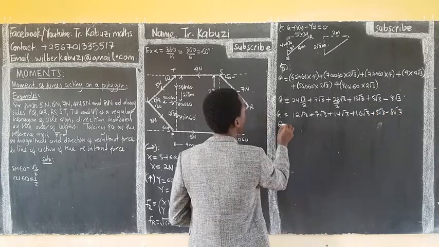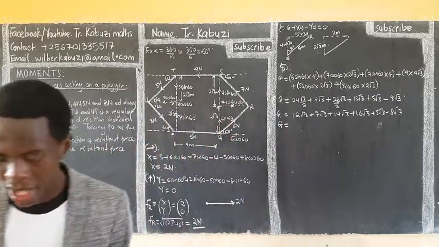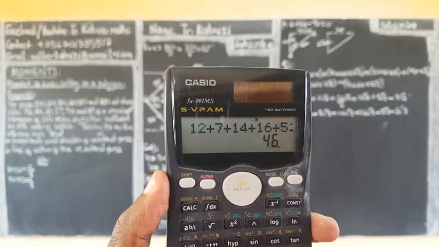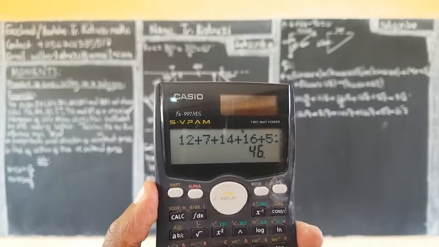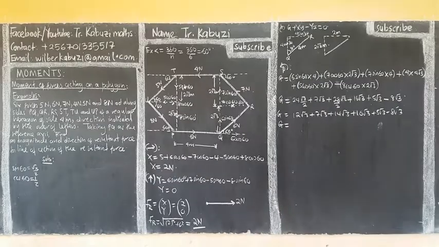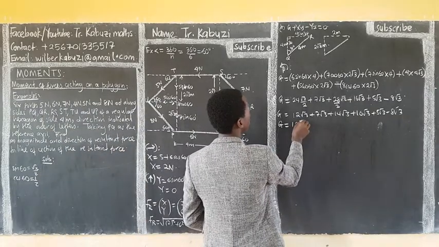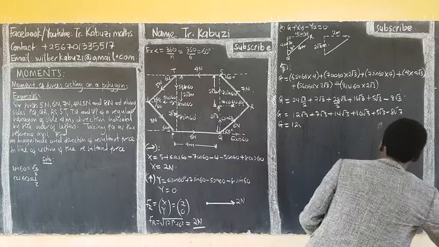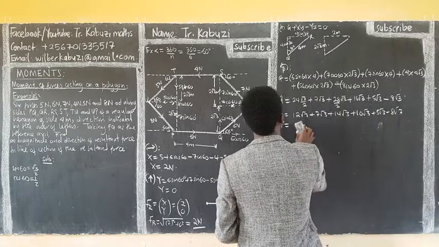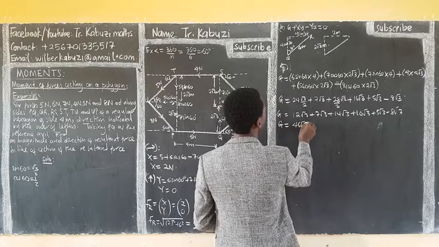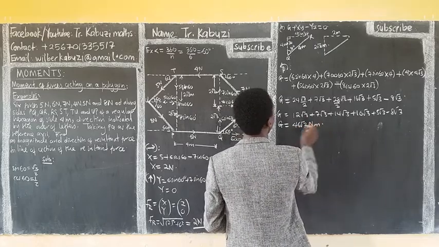So our G here, as I was showing you, if I take only the coefficients, then I include root 3 there. I have 46 root 3 Newton meter.